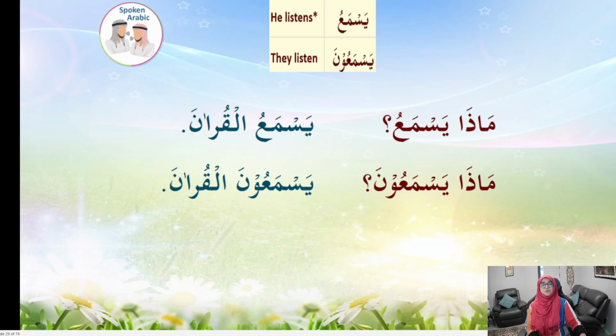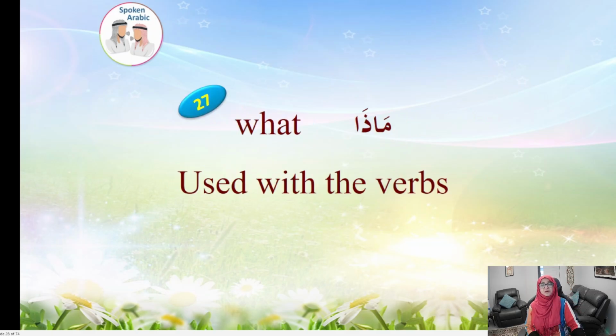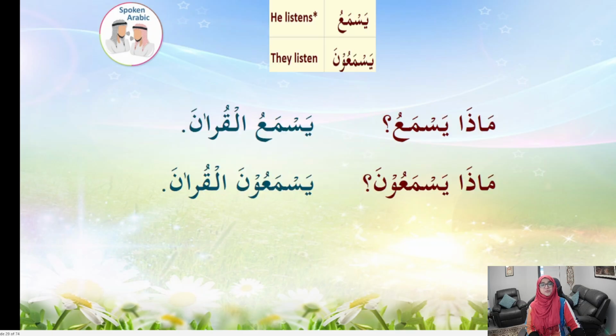So what's the meaning of maza? When you say maza yasma'u, maza what? Yasma'u, he listens. Of course in Arabic it is like what he listens, but in English it's not a proper question. It is what does he listen? But you understand. Maza what?